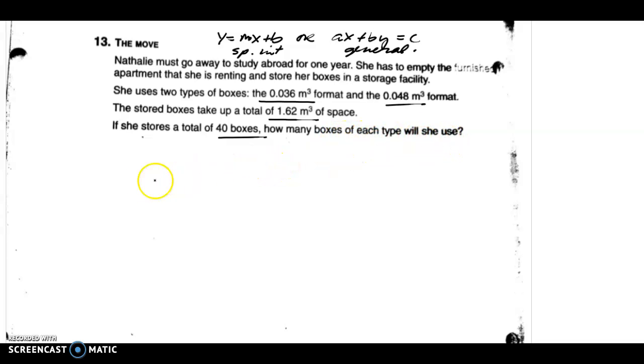Well, here we go. X we'll just call the boxes with a volume of 0.36 meters cubed. Y will be the other volume of boxes, 0.048 meters cubed.